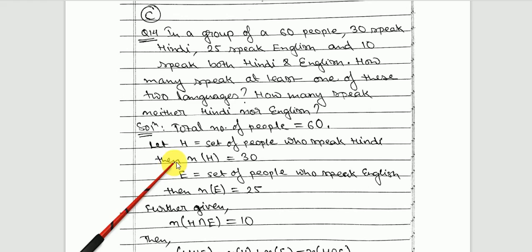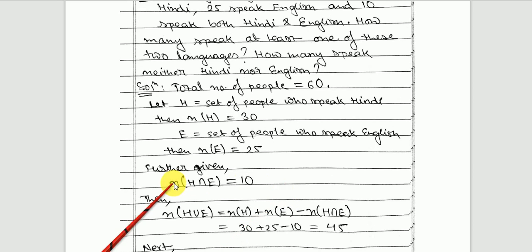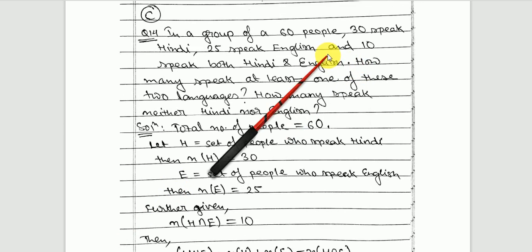Let H be the set of people who speak Hindi. So number of people who speak Hindi is equal to 30. Suppose E denotes the set of people who speak English, then it's given that number of people who speak English is equal to 25. Next it says that 10 speak both Hindi and English.